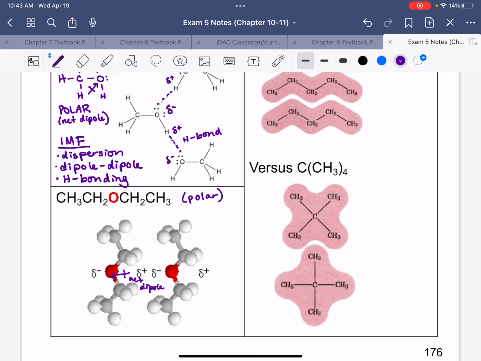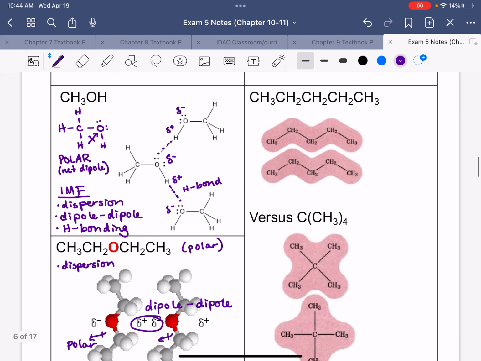And this molecule will still have dispersion forces just like everything else, but it also has a really strong dipole-dipole attraction between the partial positive end, which is the side that has the C and H groups on it, and the partial negative end, which is the side that has the oxygen in it. So this molecule is polar, and so is this one because they're the same, and we've got that plus minus attraction, and that is our dipole-dipole interaction.